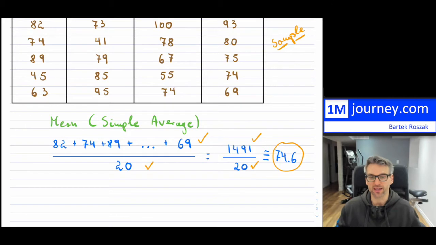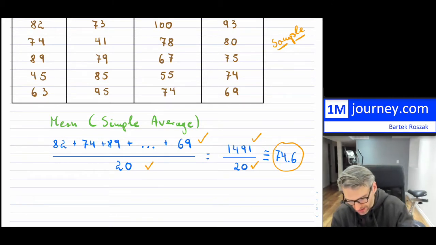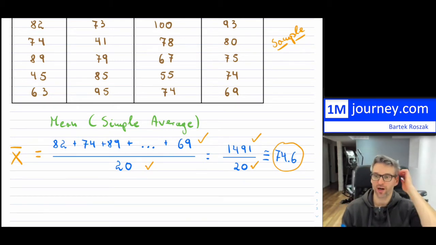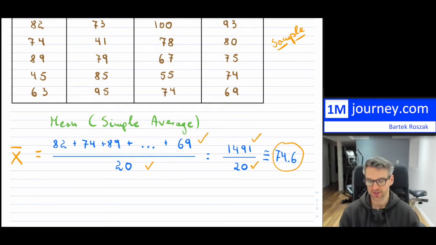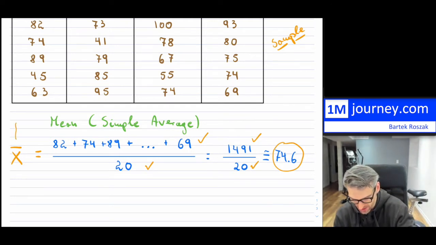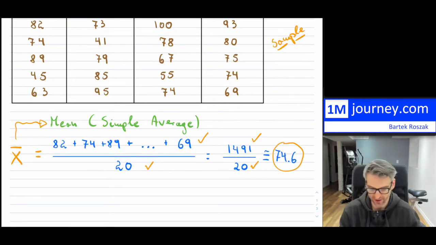Now that's my mean. For our mean, we like to utilize the symbol X, and then we put a line above it, and we call it X bar. So this symbol represents the mean of the entire data.